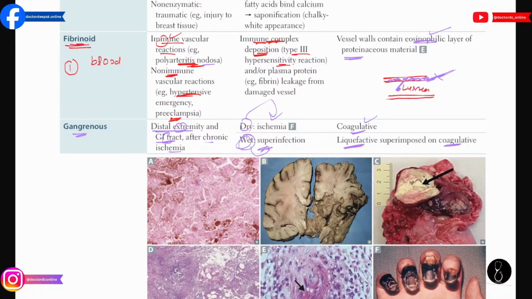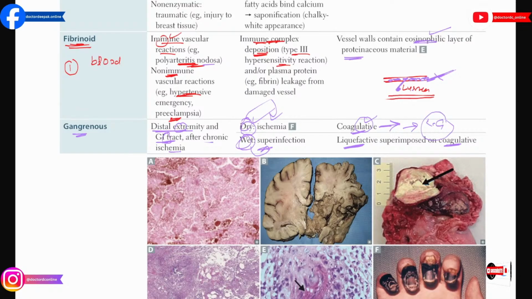If they ask what is wet gangrenous necrosis, you will say the person first gets coagulative necrosis, and if liquefactive necrosis is added on it, it becomes wet, because coagulative necrosis is a coagulation of proteins, so you get dry necrosis.